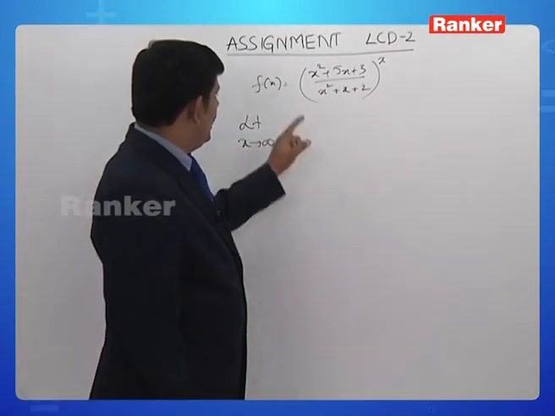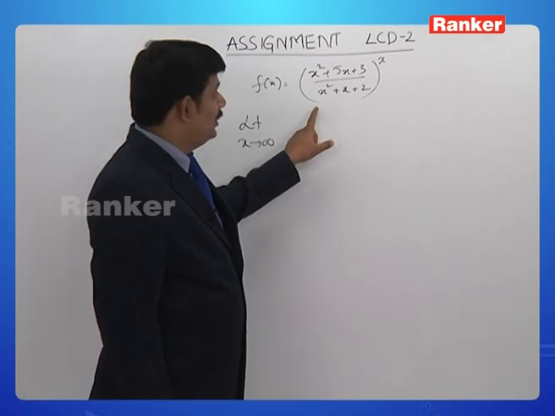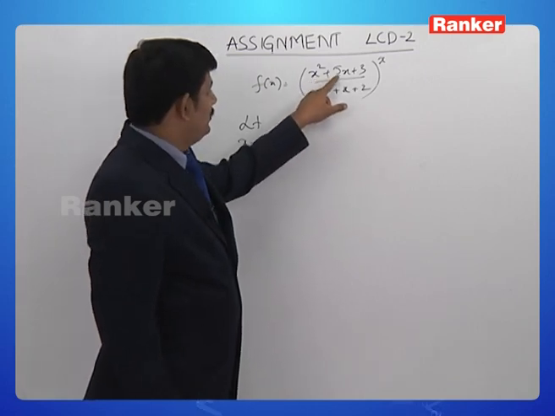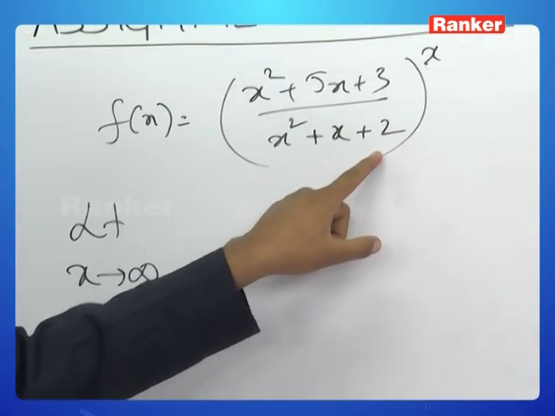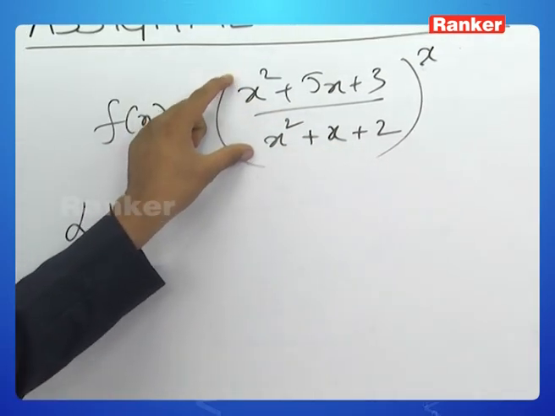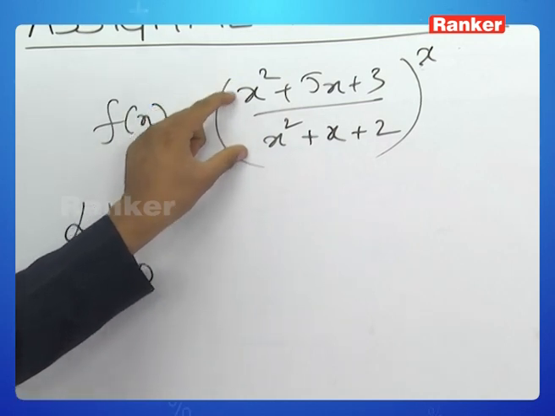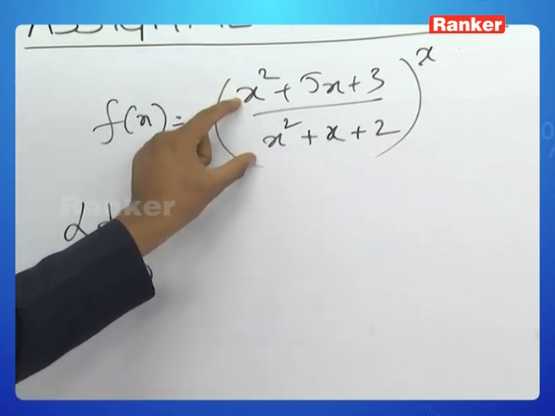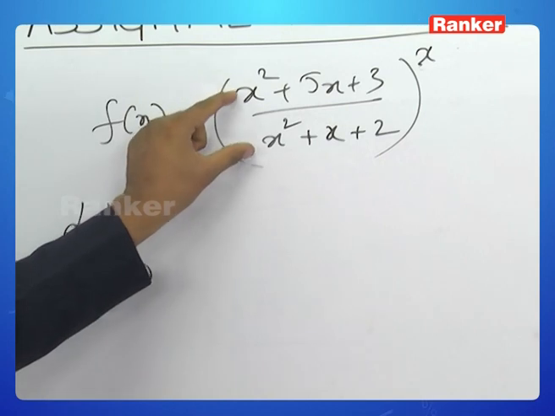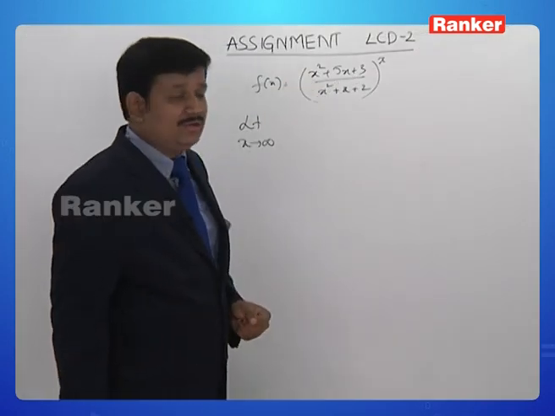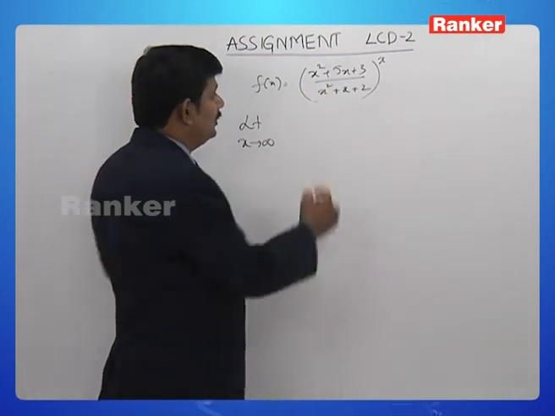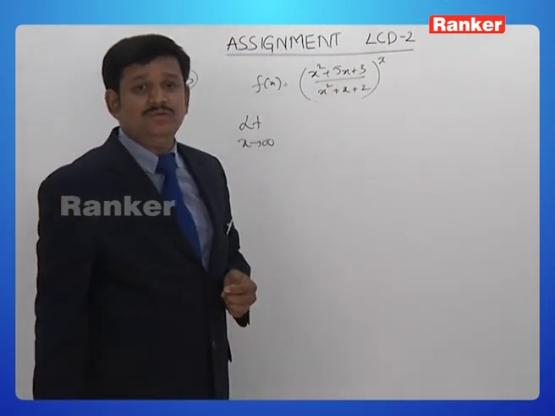Now, as x tends to infinity, we can see x square plus 5x plus 3 divided by x square plus x plus 2 tends to 1. As x tends to infinity, numerator and denominator are both polynomials of same degree, so this answer will be coefficient of x square in numerator divided by coefficient of x square in denominator, which is 1, and power is x, which is tending to infinity.